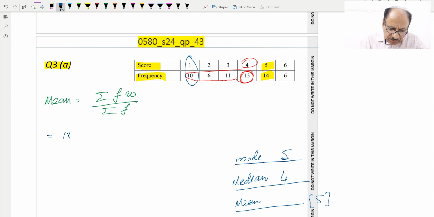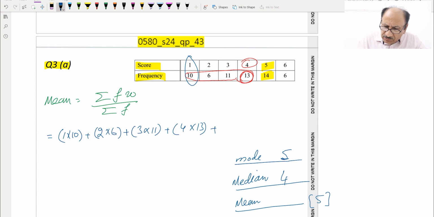So 1 multiplied by 10 plus 2 multiplied by 6, then plus 3 multiplied by 11 plus 4 multiplied by 13 plus 5 multiplied by 14, and last will be 6 multiplied by 6, and divided by the total, which is 60.